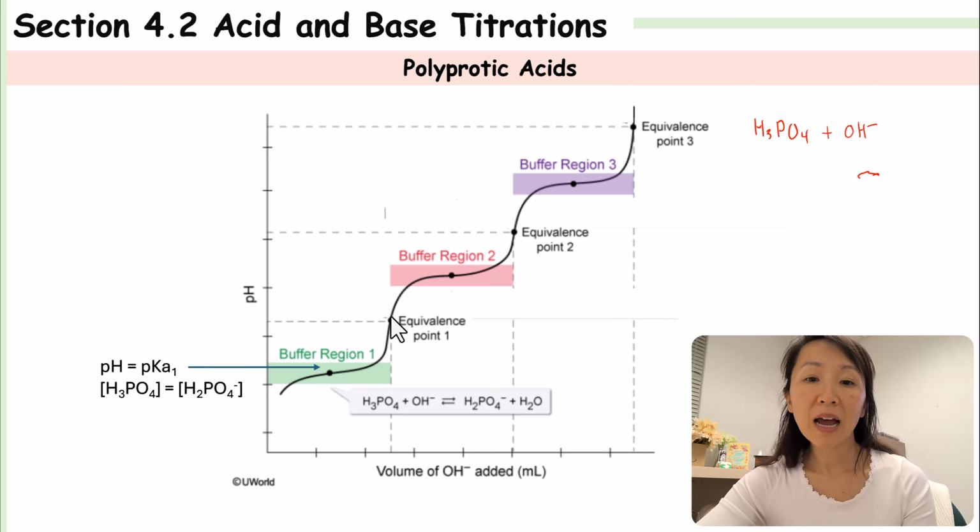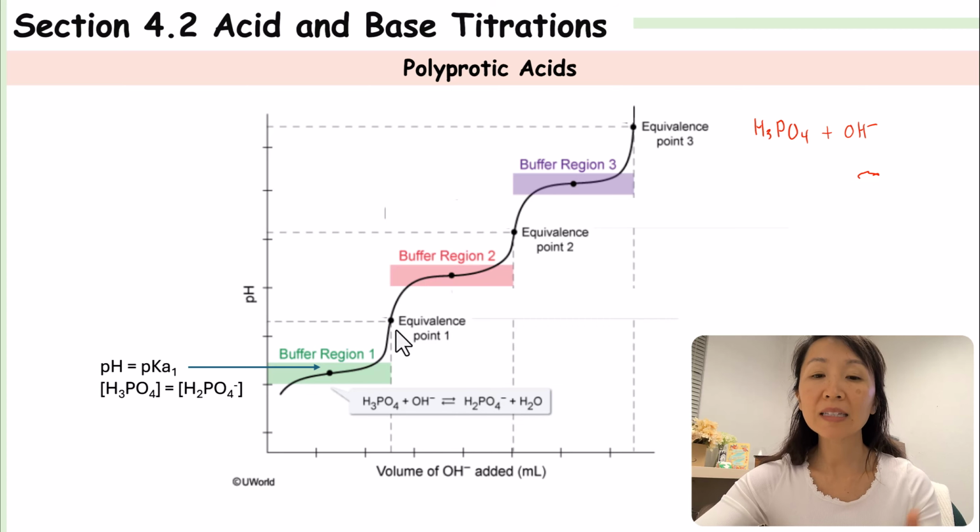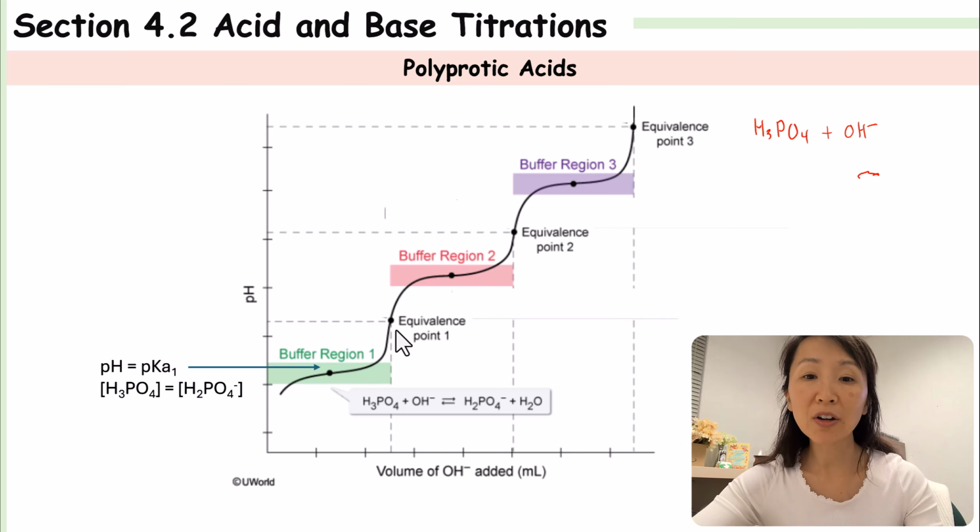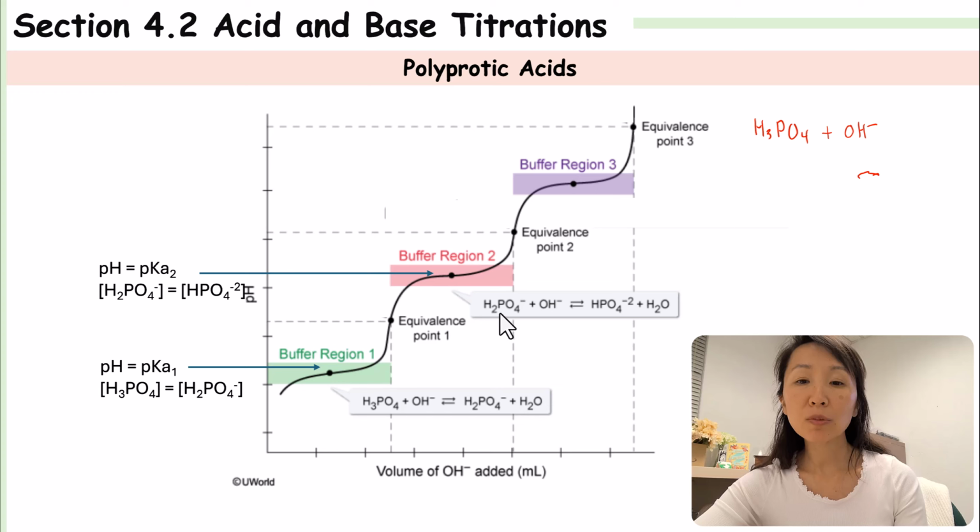Now, because this particular conjugate base still has the ability to donate another hydrogen, so here's another hydrogen, it's going to go into another buffer region in which the H2PO4 minus is now acting as an acid.